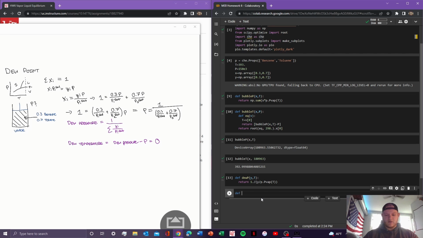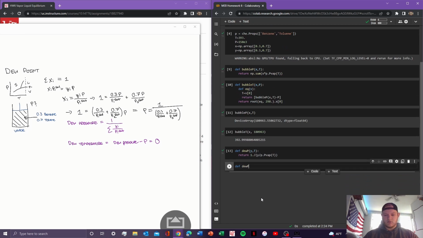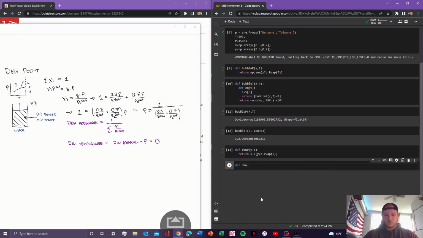And then the dew temperature is going to be almost the exact same as the bubble temperature, just in terms of y here. It's going to be almost what just happened. Dew temperature, then we need to define another equation.